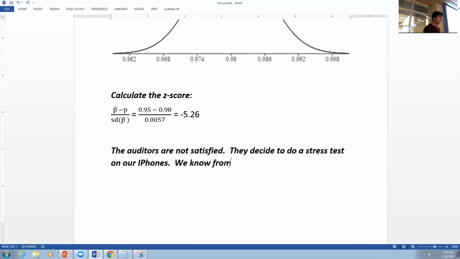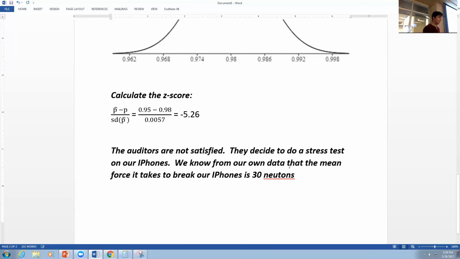We know from our own data that the mean, the average, force it takes to break our iPhones is 30. What is Newton's? Is it Newton's is force, but how do you abbreviate it? It's N, just capital N. Nice job. You guys know this better than me.